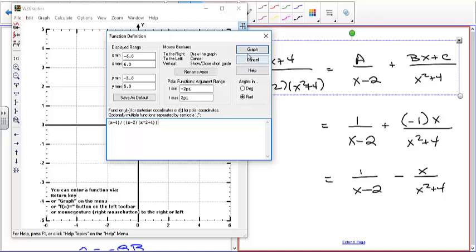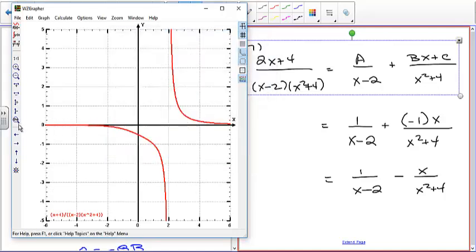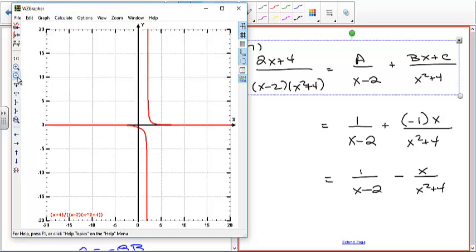Let's just graph that and see what it looks like. Let's zoom out a little bit. That makes sense because we've just got one vertical asymptote, and we have a small y-intercept.